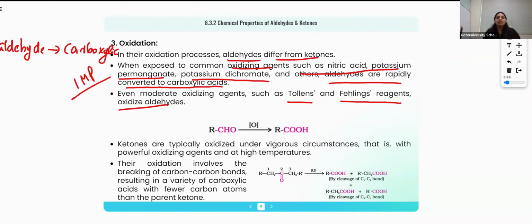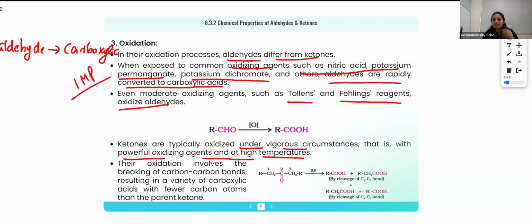See, when you are taking an aldehyde, it will oxidize into an acid. Now, ketones are typically oxidized under vigorous circumstances, that is with a powerful oxidizing agent at a high temperature. Understood the difference? Normally, aldehydes undergo oxidation in normal conditions with a mild oxidizing agent.